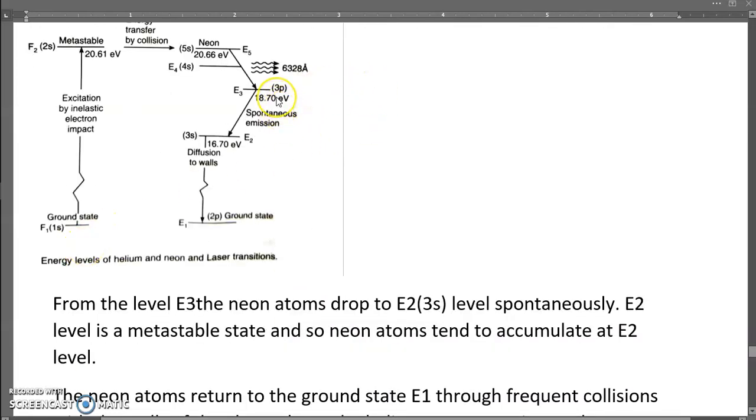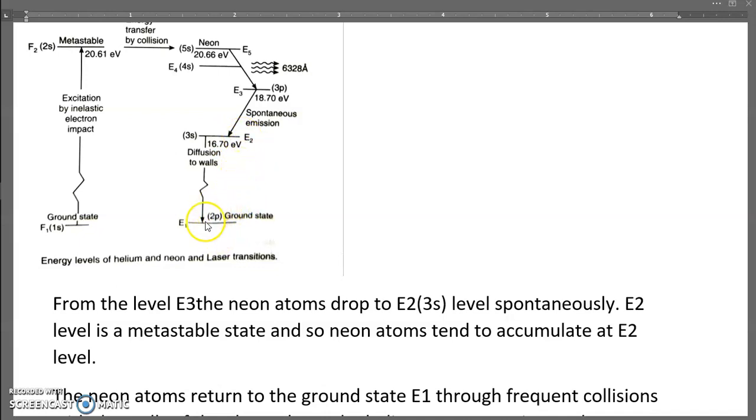Now, from E3, the neon atoms drop to E2 spontaneously. And again, E2 becomes a metastable state. So the neon atoms accumulate at the E2 level. However, the neon atoms in the E2 level return to the ground state by frequent collisions with the walls of the tube.